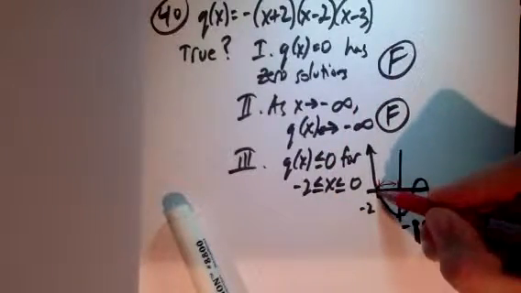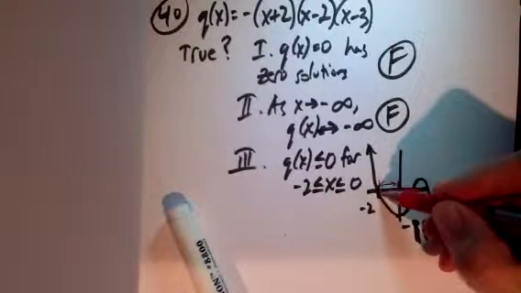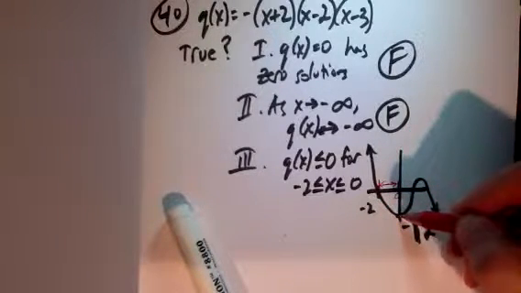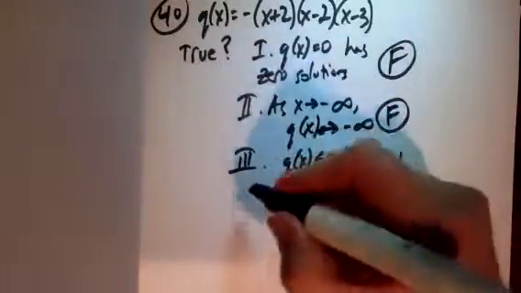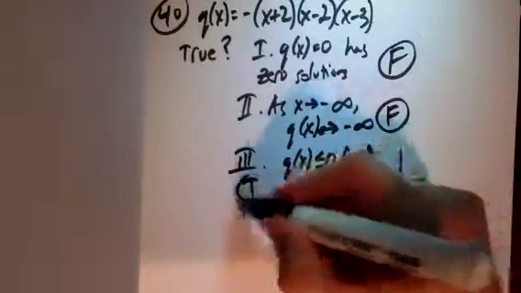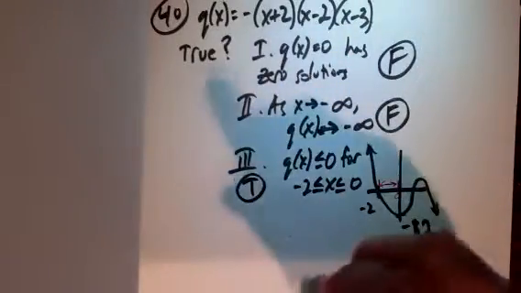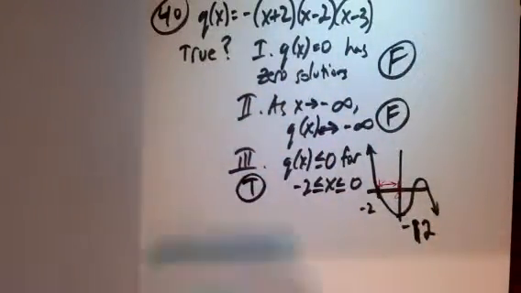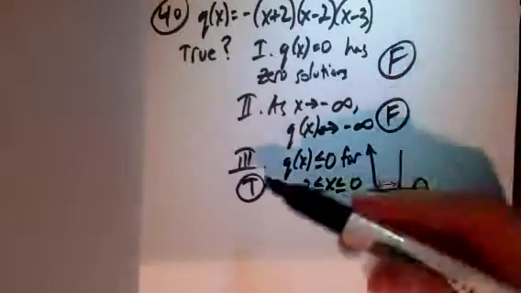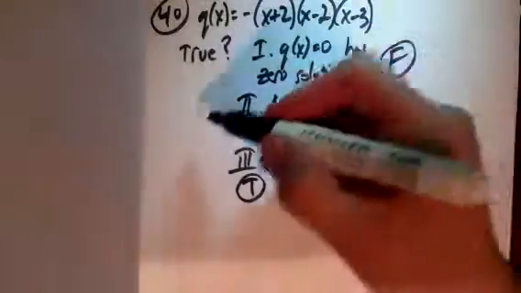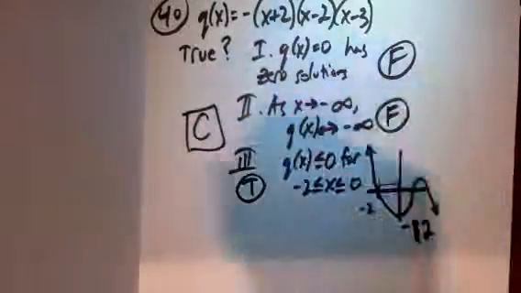It's equal to 0 when x equals -2, and after that it's always going to be negative. So we know that Roman numeral 3 is actually true. So on this particular problem, Roman numerals 1 and 2 are both false. The only true one is 3, which is choice C.